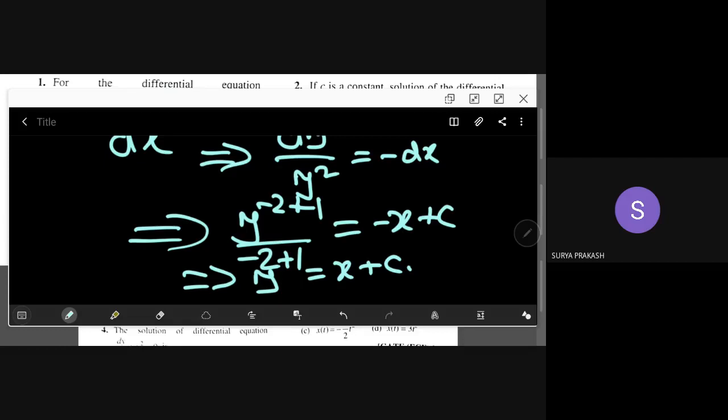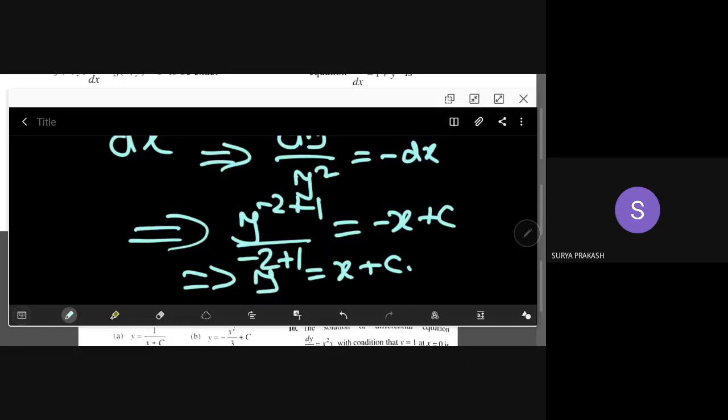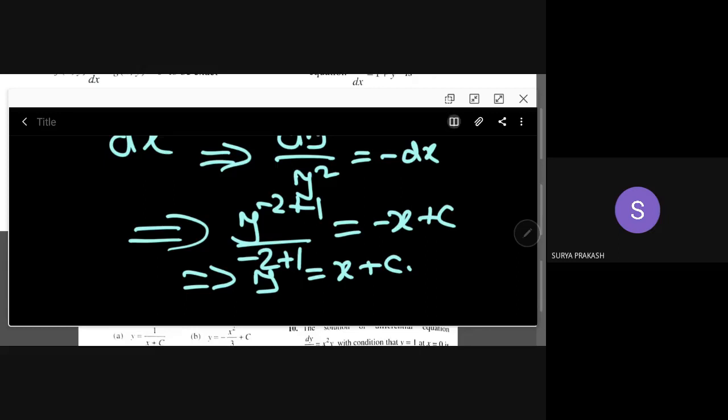Y power minus 2 plus 1. Right, y is equal to x plus c. That will be the answer. See, check that. It is somewhere we went wrong. Dy by y square is equal to x.